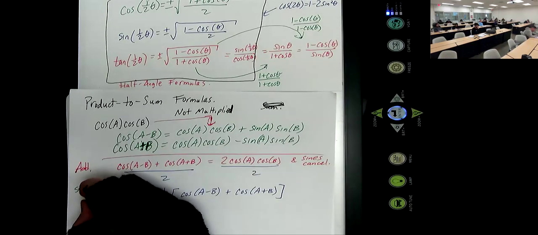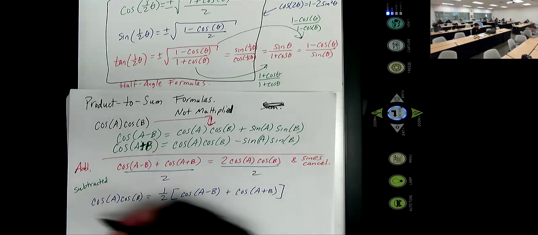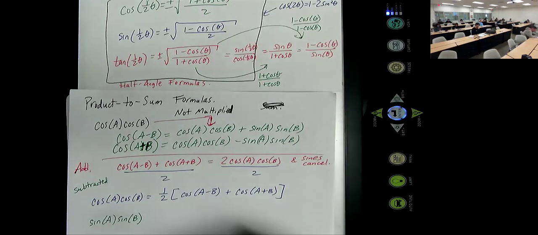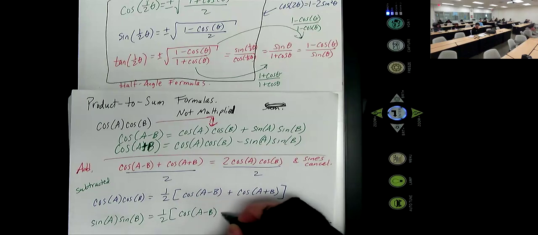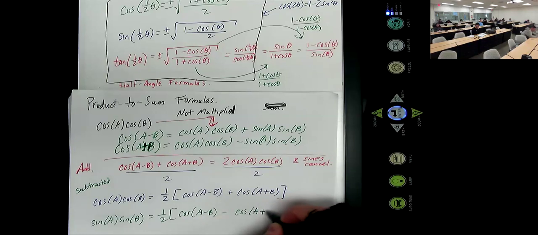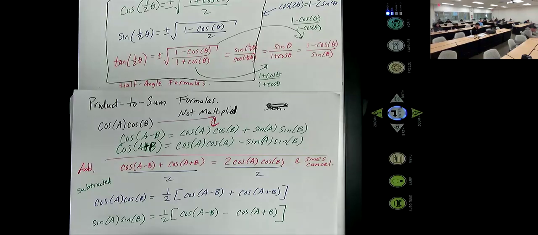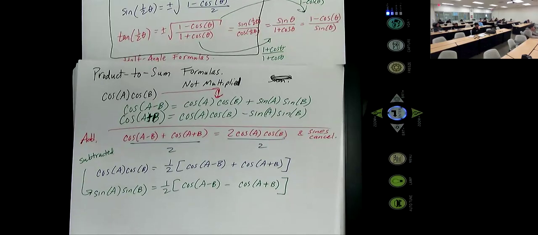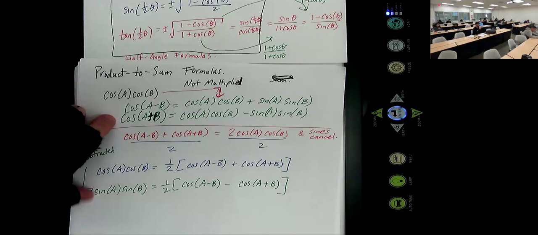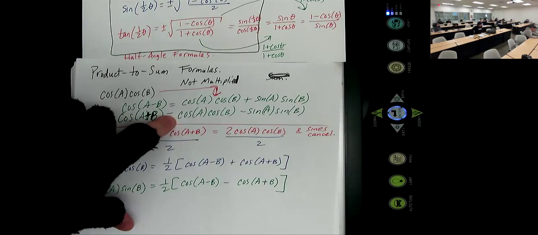If you subtracted, you would have gotten the sine version: sine A sine B equal to, yeah, with the minus here, this would clear out and the minus is a plus.